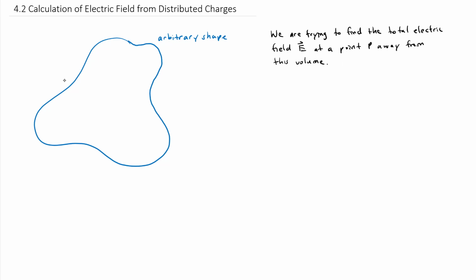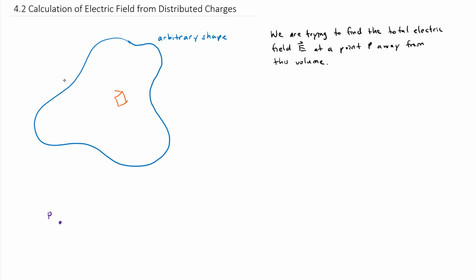So if we have a point P over here, we'll call this point P. That means that I'm also going to have some sort of differential volume element here, which we've drawn before in the previous section. Let's just draw it again here.